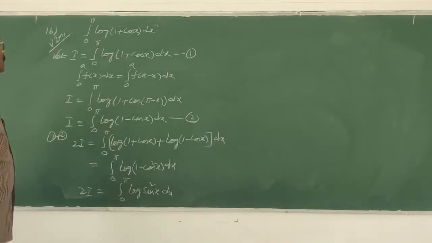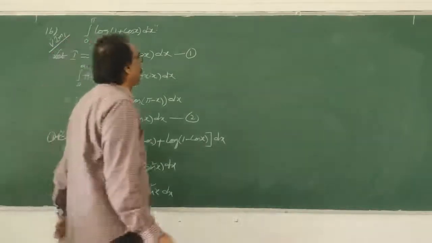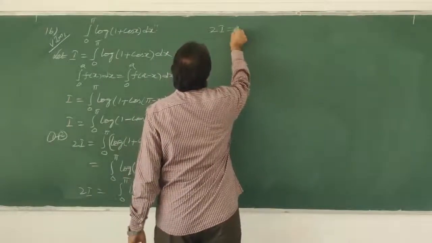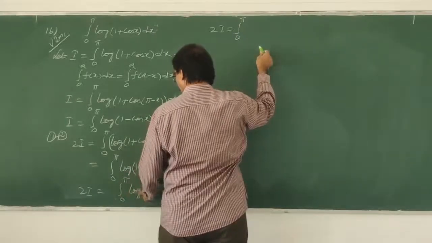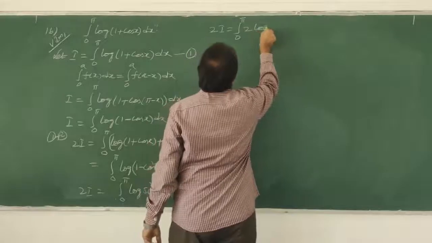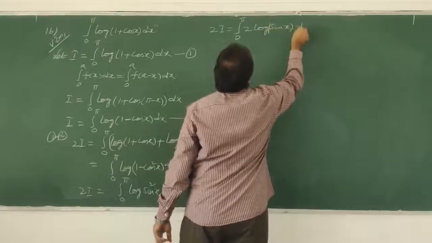Now, here you see, we got it, this is like this. Now, I will write here, 2I is equal to integral 0 to pi log sin square x, means n log x, 2 log sin x dx.